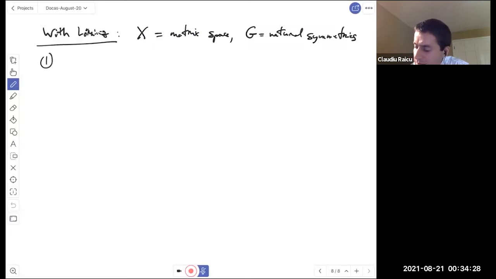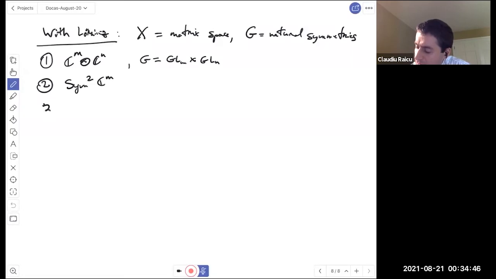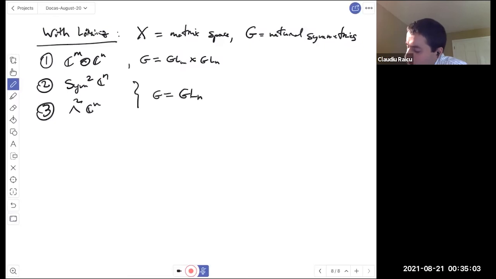What I mean by that is, now either I look at m by n matrices, and then the group is GL_m plus GL_n, or I look at symmetric matrices, or skew symmetric, I guess. In this case, G is just GL_n. And then what we do is we just give a recipe for computing all these invariants.